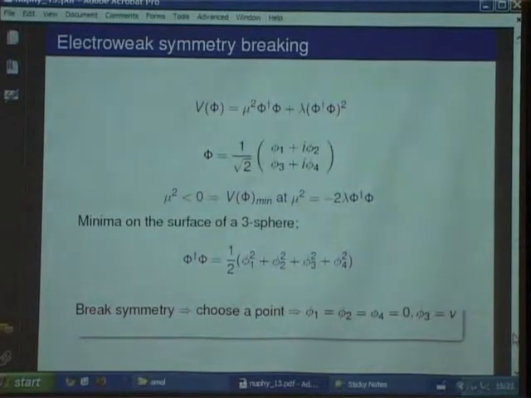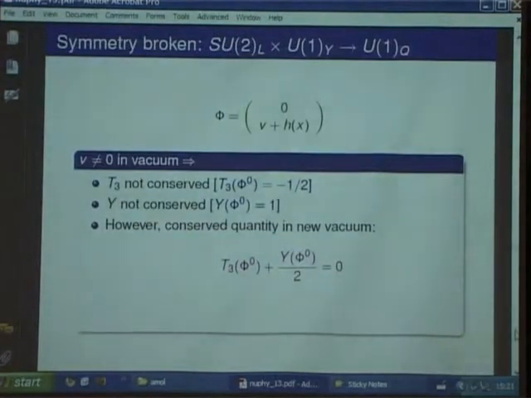The choice that actually works is a very simple choice. The choice is phi 1, phi 2 and phi 4 are 0 and phi 3 is equal to V. That's the choice. What does this choice mean? This means that I only have phi 3.